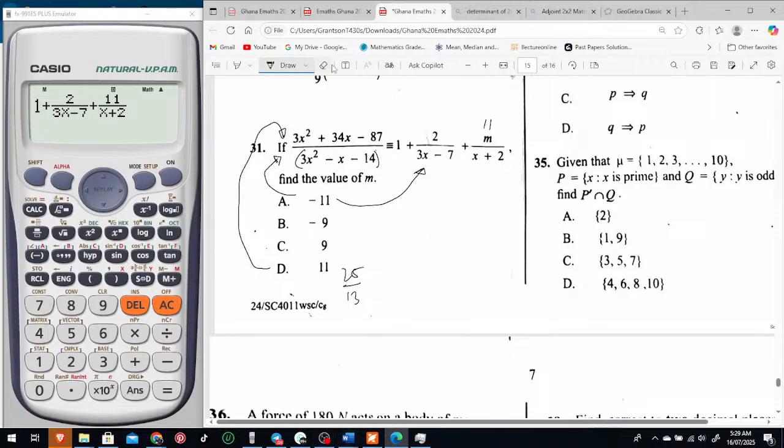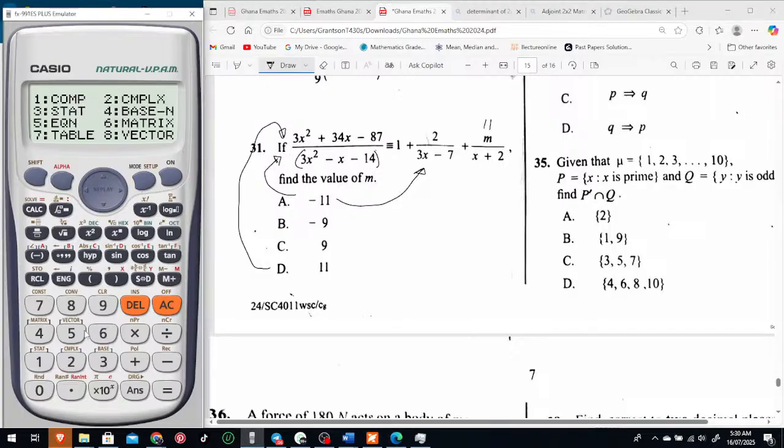My brother, take us through the process, okay? Okay, sir. When you rewrite the question into our books, the denominators, we make them the same.